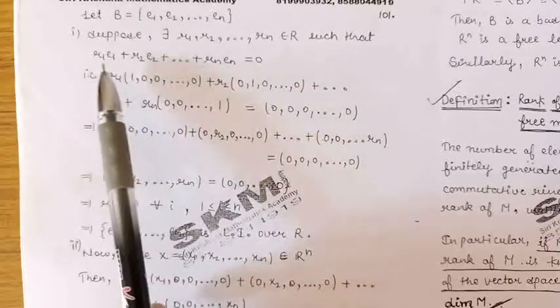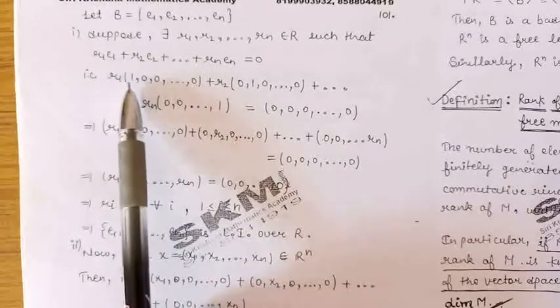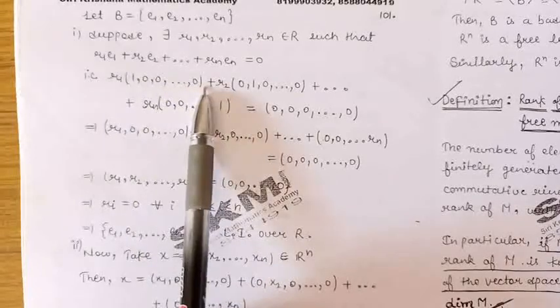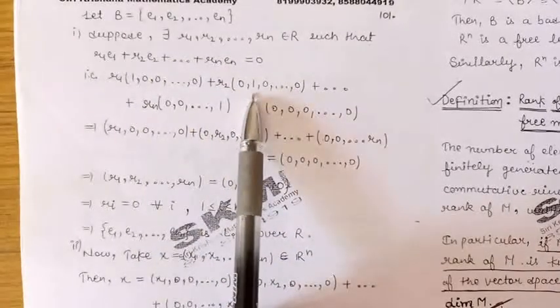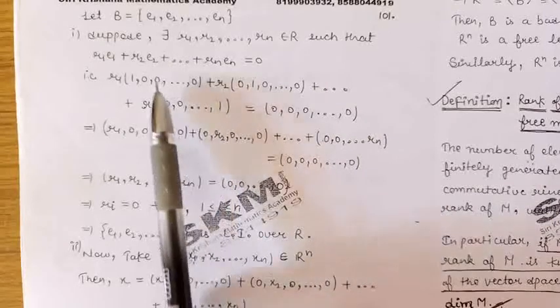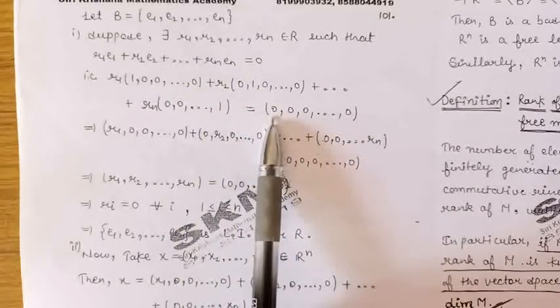Now by definition, e1 has a unity element at the first place and all the other coordinates 0. e2 has 1 at the second place, all the other coordinates 0. This 1 denotes the unity of ring R. And in en, we have 1 at the nth place, all the other coordinates 0.